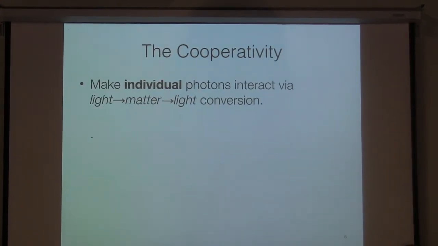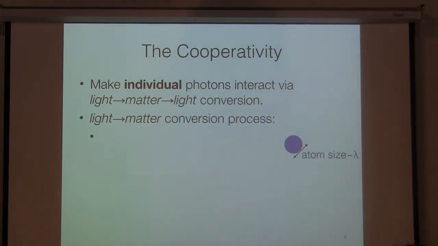So the essential story here is that we want to make photons interact with each other by converting them from light to matter and back to light. The first question to ask is, how does this process work? How does the light-to-matter conversion itself work?